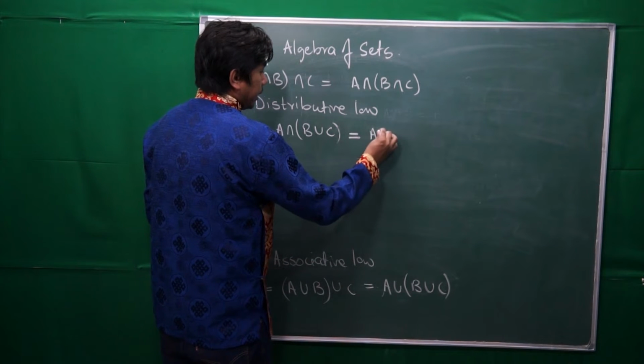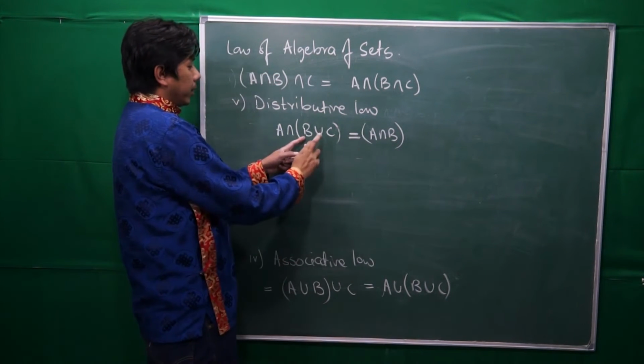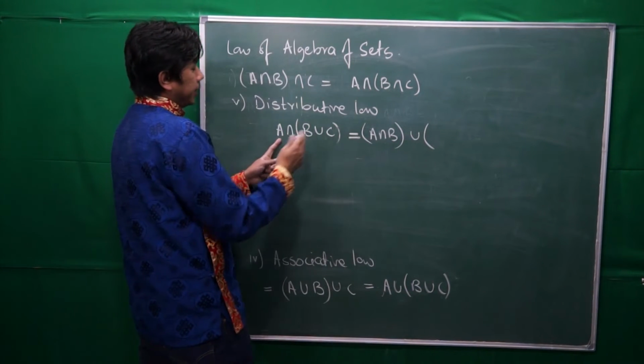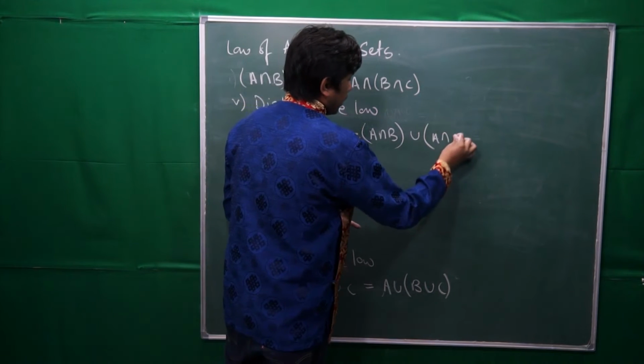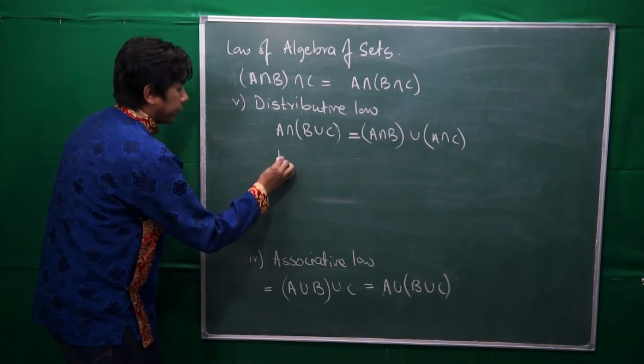So A intersection B, I am distributing. What is in the center? Union bracket A intersection C. Clear? Same thing happens with the union.